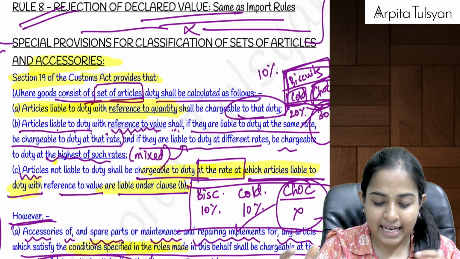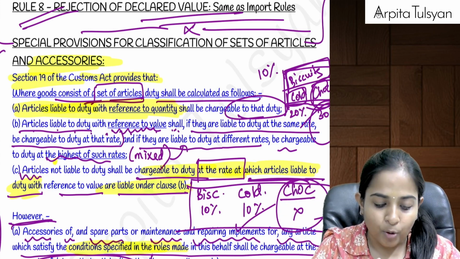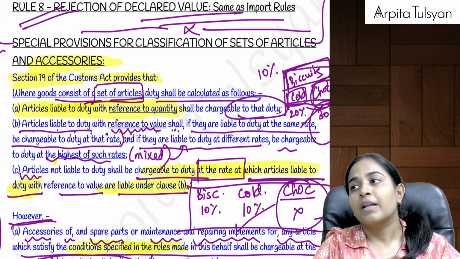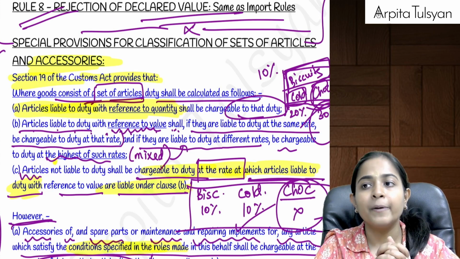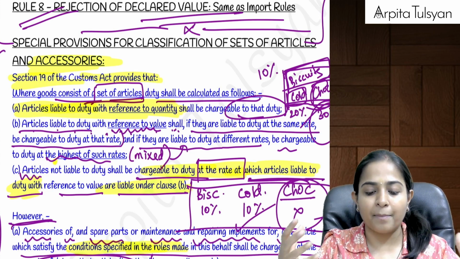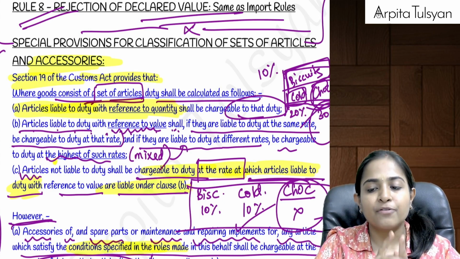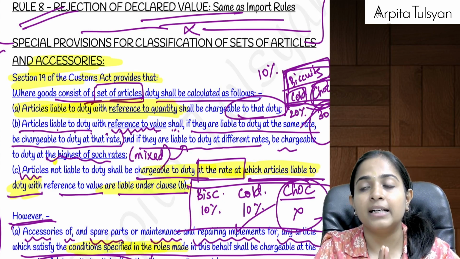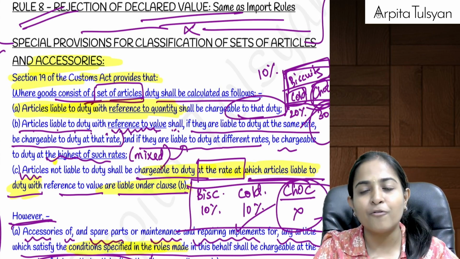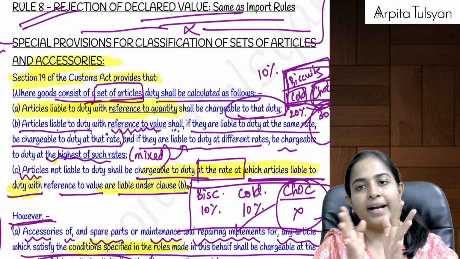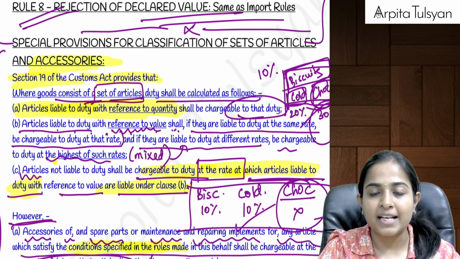Let's say you are importing a set of articles, a combination of 2 to 3 articles together, which are not naturally bundled, but you are importing it as a bundle. Then, first of all, check if the government has specified a tariff on that as per section number 14.2. If yes, then it will be taxable as per 14.2. If no, it is taxable as per the value.